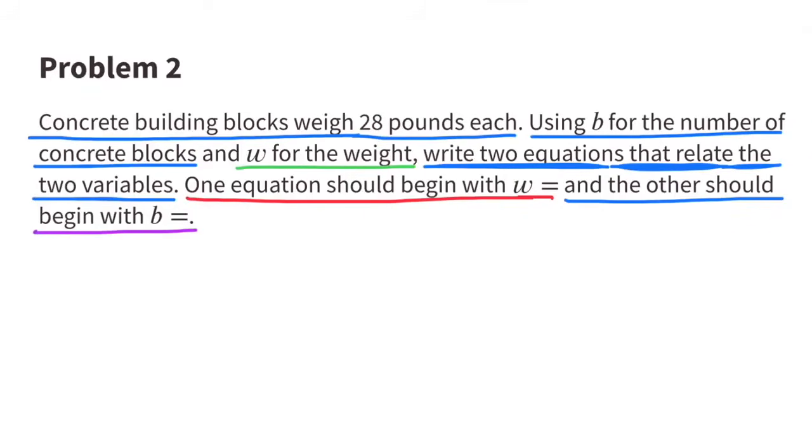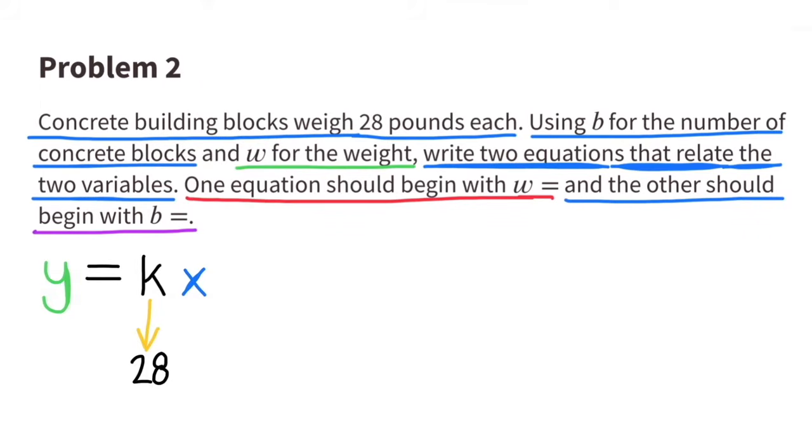Number 2. Concrete building blocks weigh 28 pounds each. Using B for the number of concrete blocks and W for the weight, write 2 equations that relate the 2 variables. One equation should begin with W equals, and the other should begin with B equals. I'm going to use the equation y equals kx to help me get started.